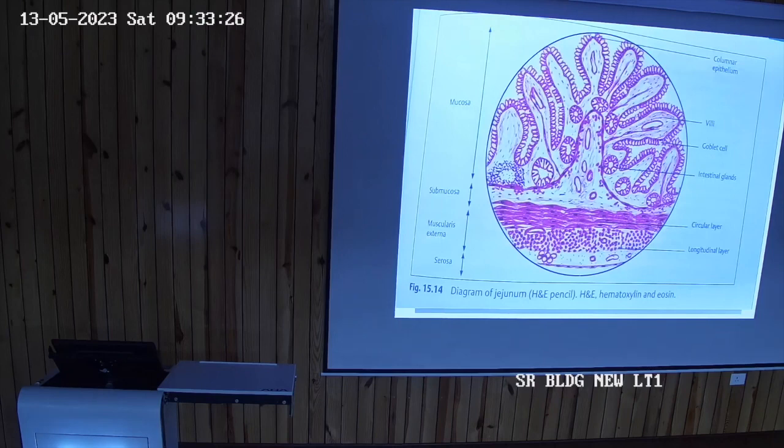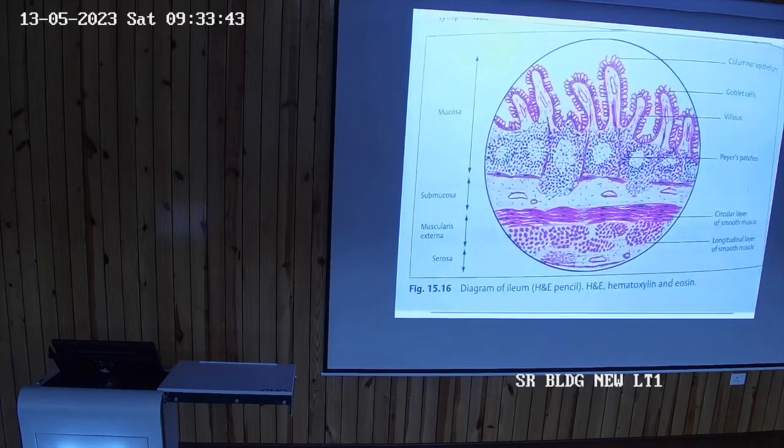This is the serosa, simple squamous epithelium lining the adventitia. So this is the picture of the jejunum.